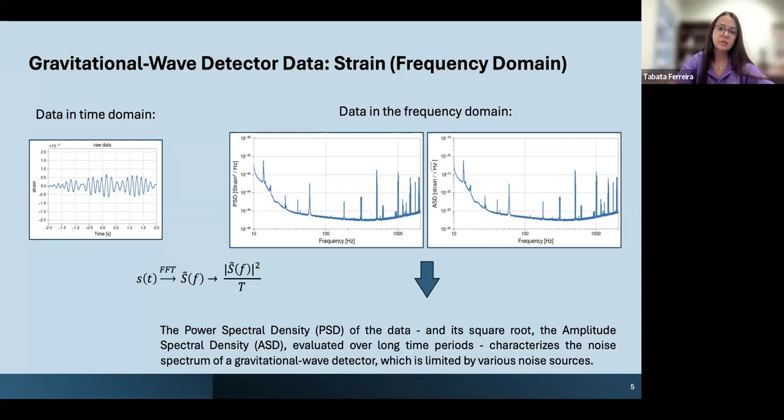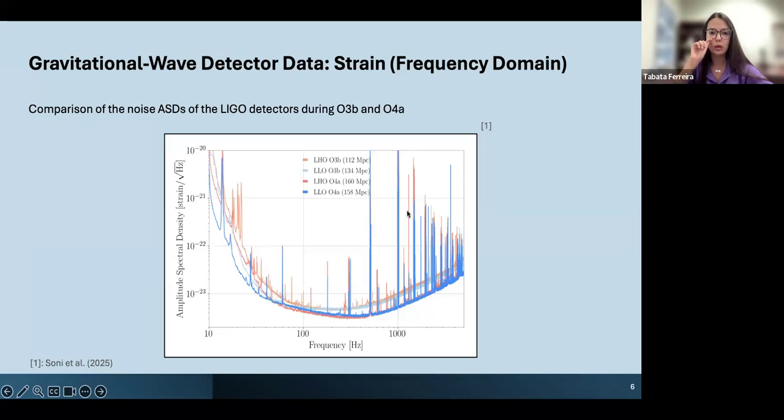All right, so it means that we can have the noise spectrum of the detector. Since we have noise, it's important to note that the lower this curve, the better we are. By knowing that, we can go to a plot from the O4A paper, where there is a comparison between O3B and O4A ASDs.